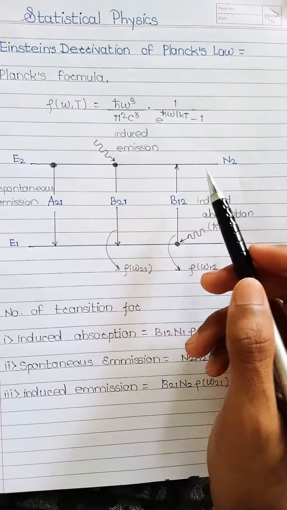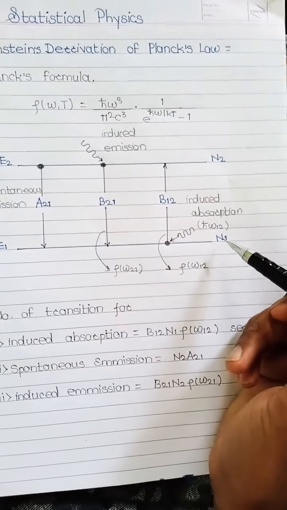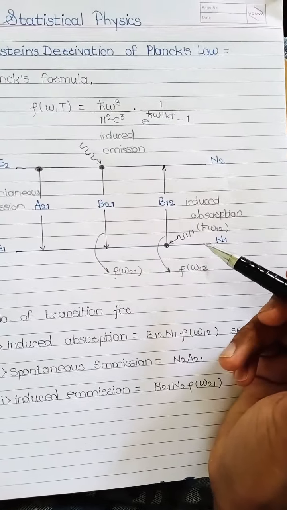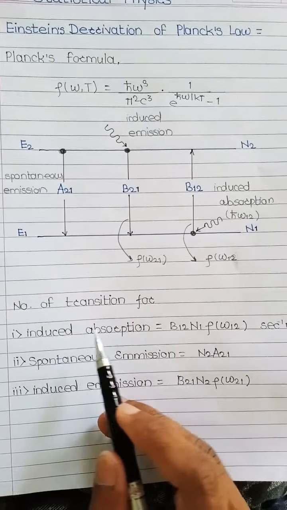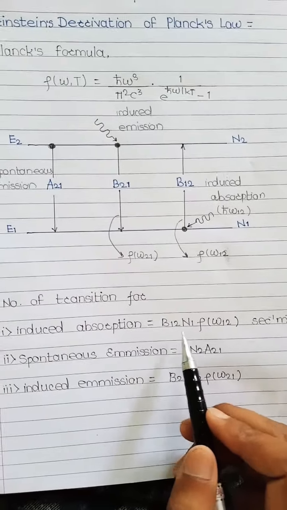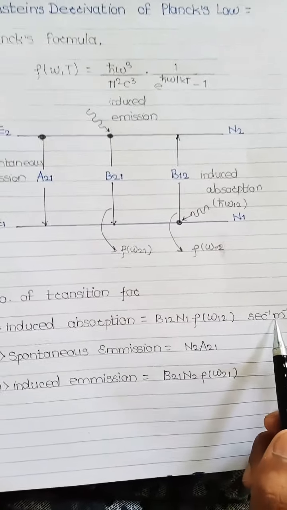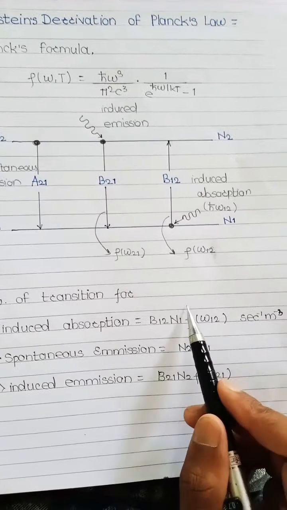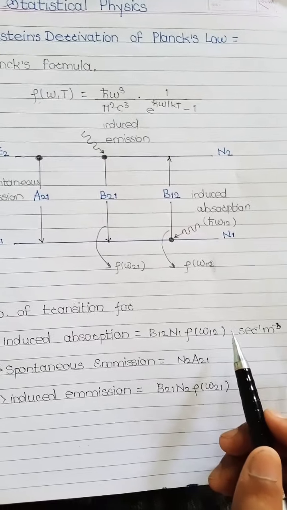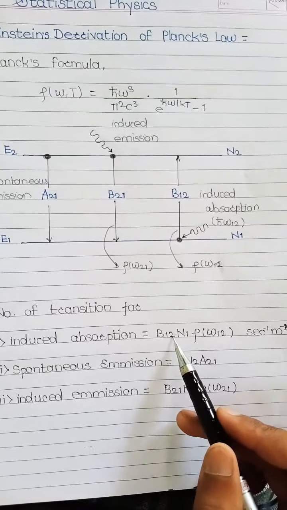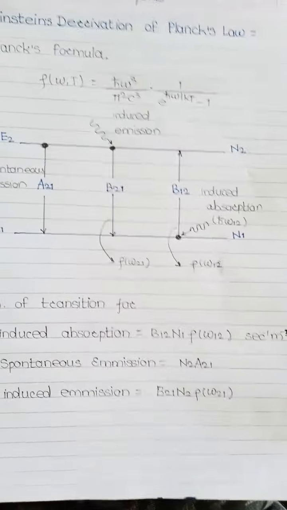The number of atoms undergoing this process is proportional to N1, and hence the number of such transitions for induced absorption is equal to B12 N1 rho omega 12 per second per meter cube. Here rho omega 12 is the external radiation density and B12 is the probability of transition per unit time.